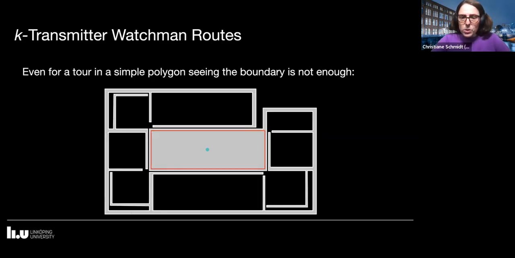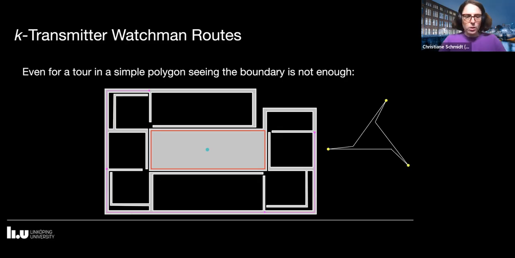And also, if we have a simple polygon, it's not even enough to see the boundary. If you have this pink tour, and you look at these four pink vertices or points along that tour, from that you see the boundary of that central rectangle, which I try to highlight in red here. But there's no point along that tour from which you see the turquoise point. It's a bit like what you have in guarding in simple polygons already.